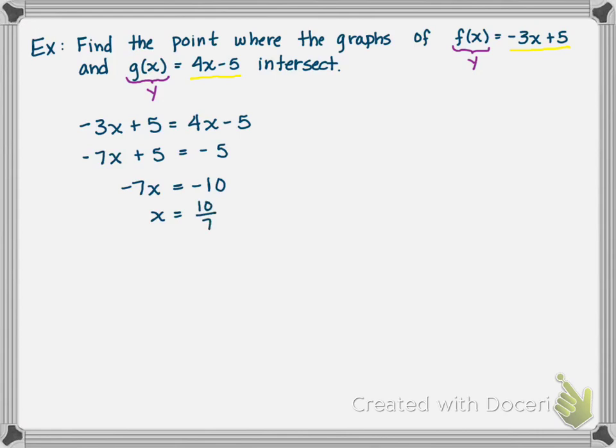And then to find our y coordinate, we're just going to plug that input into one of our functions. Doesn't matter which. We'll do g of 10/7. So 4 times 10/7 minus 5.